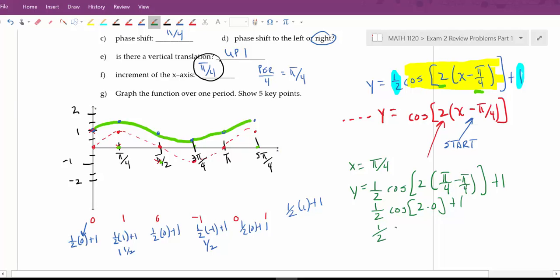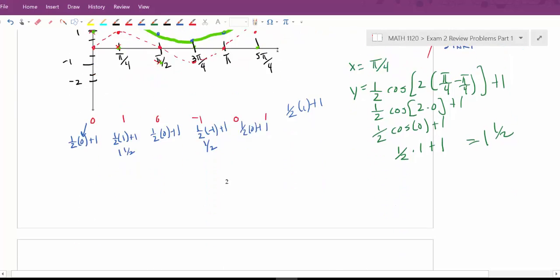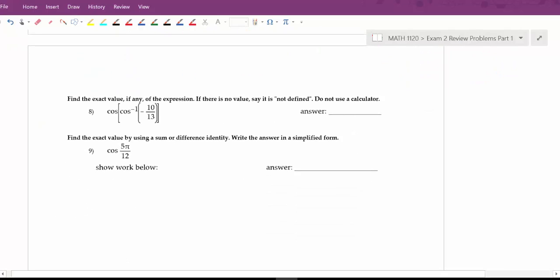So this is 1/2 of the cosine of 0 plus 1. Well, the cosine of 0 is 1. So this is 1/2 times 1 plus 1. So that's just going to be 1.5. So notice that point did have a y value of 1.5. So you can check like that. I think that's an incredibly important thing to learn how to do on this test: check your results.